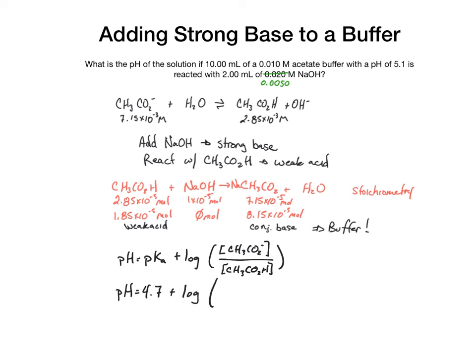And so to find these concentrations, I'm going to take my moles divided by my total volume, which is 0.012 liters, and I get 6.79 times 10 to the minus 3 molar for my acetate, and 1.54 times 10 to the minus 3 molar for my acetic acid.